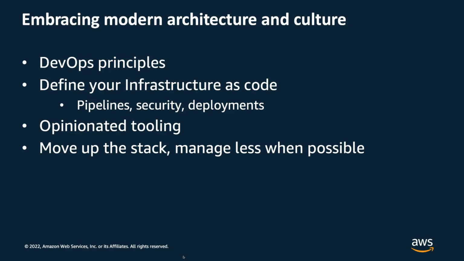This saves time and effort and allows teams to focus on their differentiators as a business and not the infrastructure. In the same vein, when choosing where to run your code, understand what comes with each choice and only manage the infrastructure if you absolutely need to.